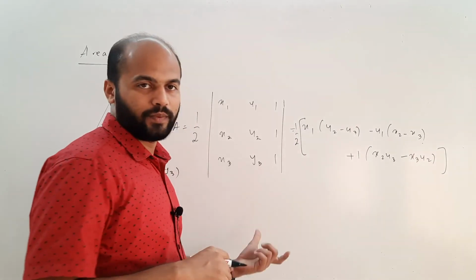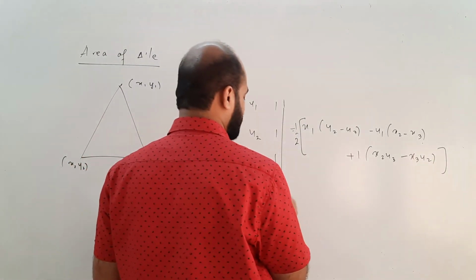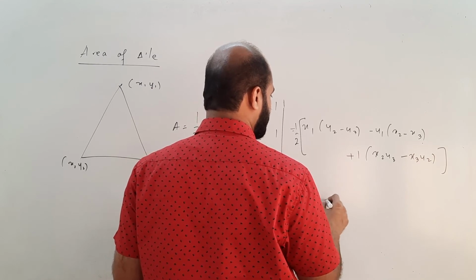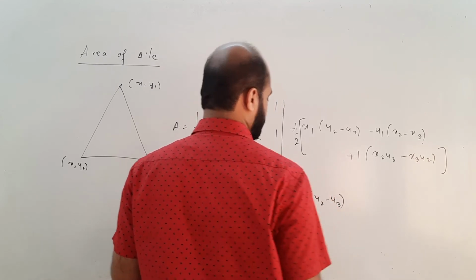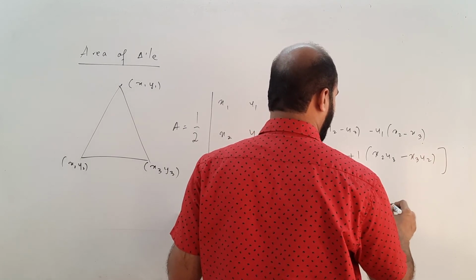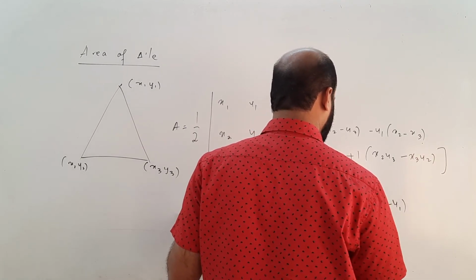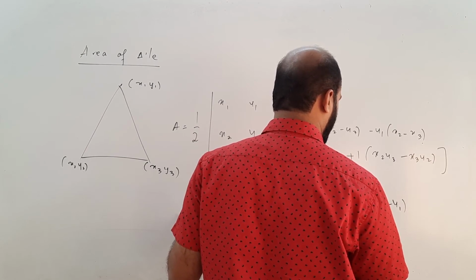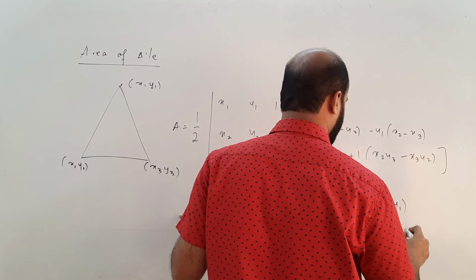So if we rearrange this particular formula, then we would get the answer as half times [x1 times (y2 minus y3) plus x2 times (y3 minus y1) plus x3 times (y1 minus y2)].